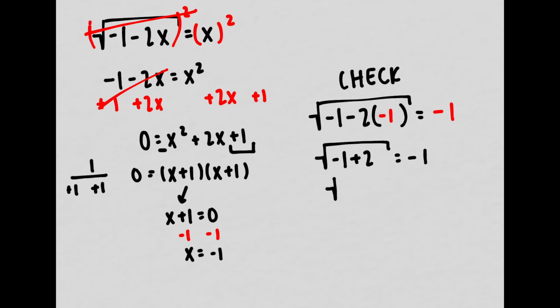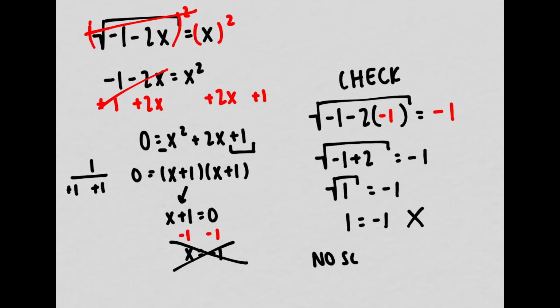The square root of negative 1 plus 2 gives me a positive 1 is equal to negative 1. And the square root of 1 here is 1. Now 1 does not equal negative 1. So that means x equals negative 1 is not a solution. I don't have any other options for answers. So this problem is a no solution problem.